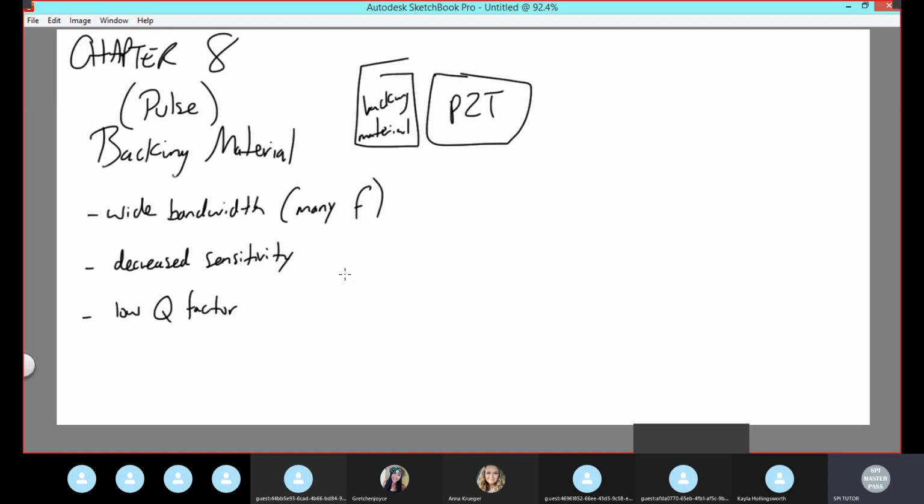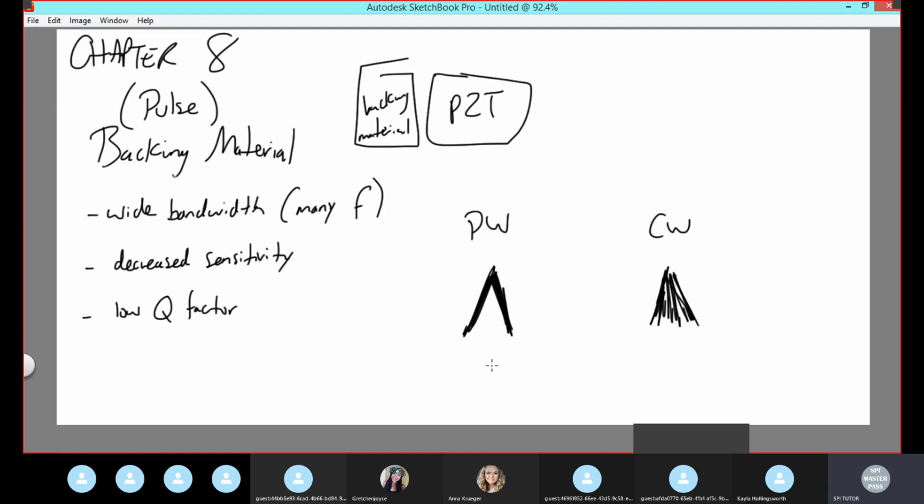Now it's not the biggest of deals, because we're doing fine with ultrasound, right? But that is why they call it decreased sensitivity. And when it comes to waveforms, if you look at a pulse wave versus a continuous wave, a pulse wave normally will always be like this. A continuous wave normally would always be like this.